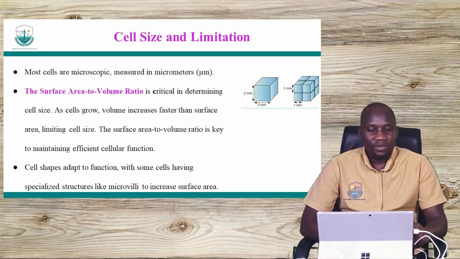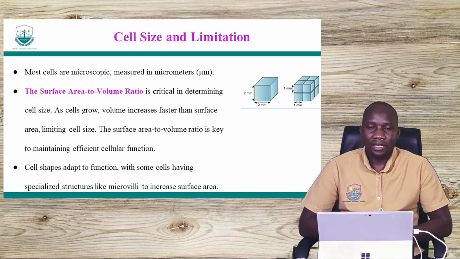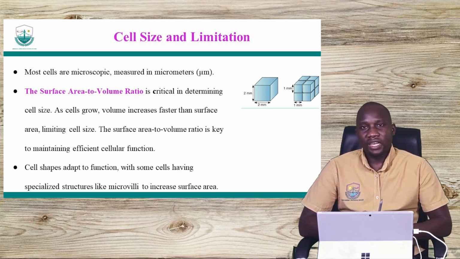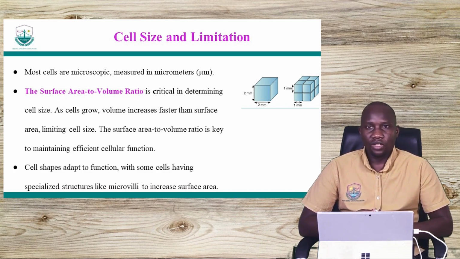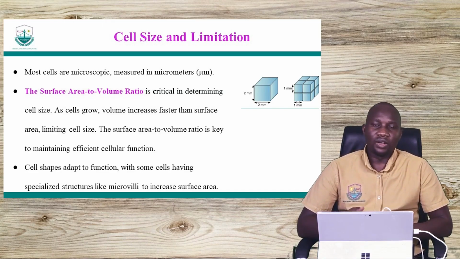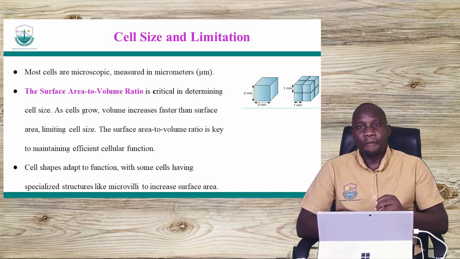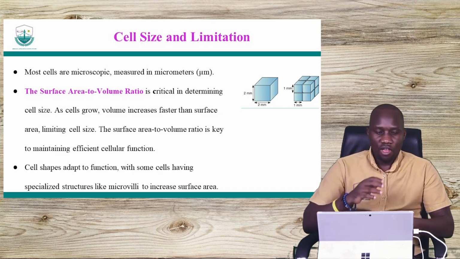And therefore, organisms or cells that have smaller sizes are the ones that are going to have a large surface area to volume ratio, and therefore they become very efficient in the exchange of material. That is, they can easily get nutrients. They can also easily make waste products move away.